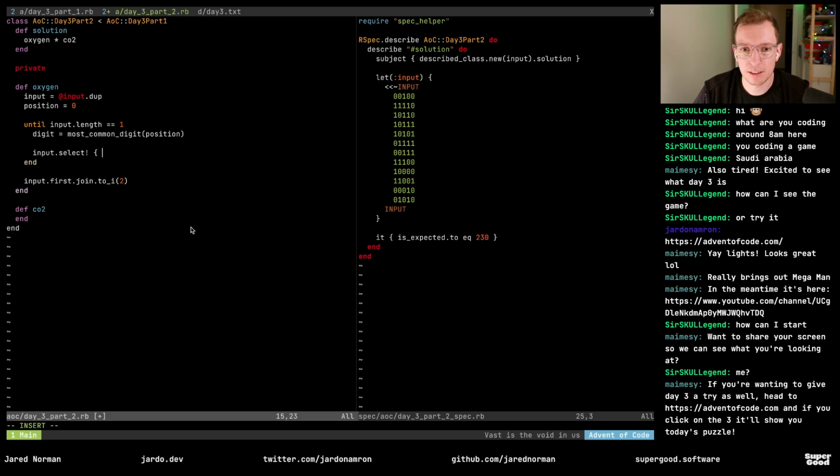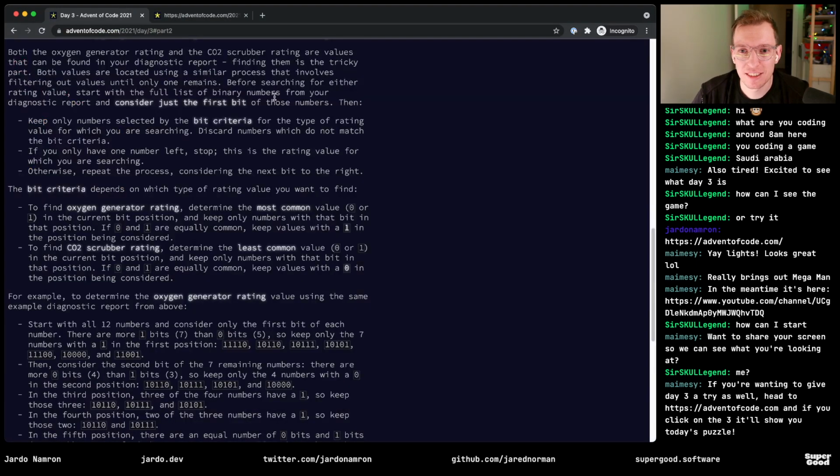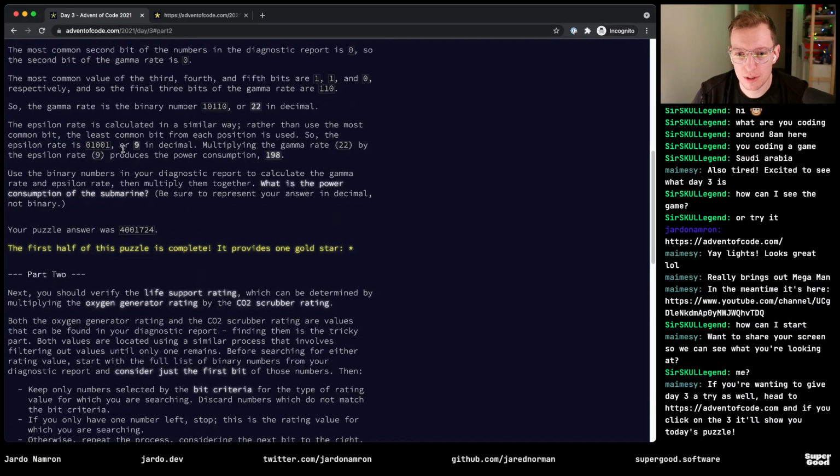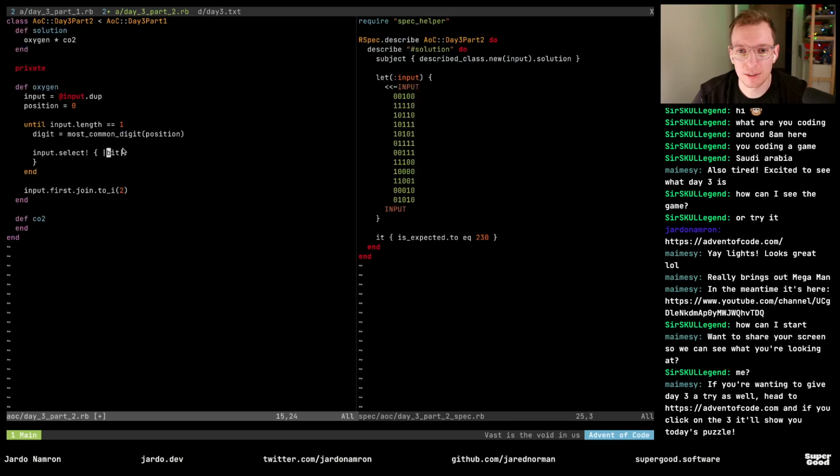Select bang, value position equal digit.